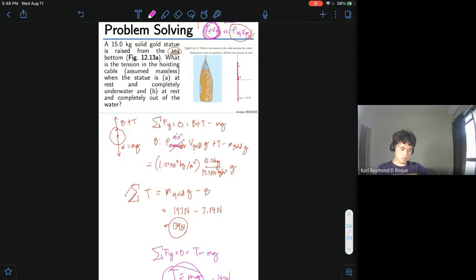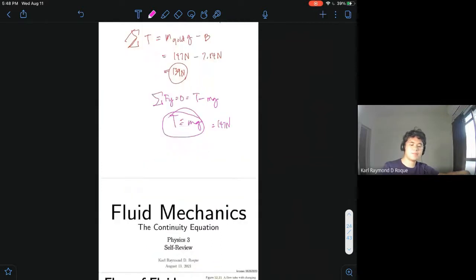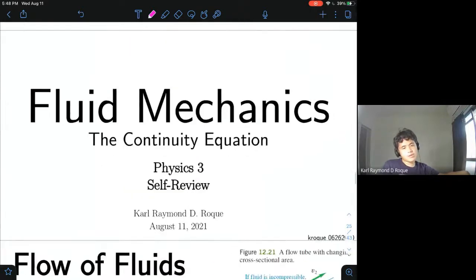Okay. Next, fluid mechanics, continuity equation. Last 2 chapters na to ng first half of the first quarter. Pero kasi yung isang first half, di ko na dini-discuss yun. Kaya nyo na yun. Let's just focus on problems today.